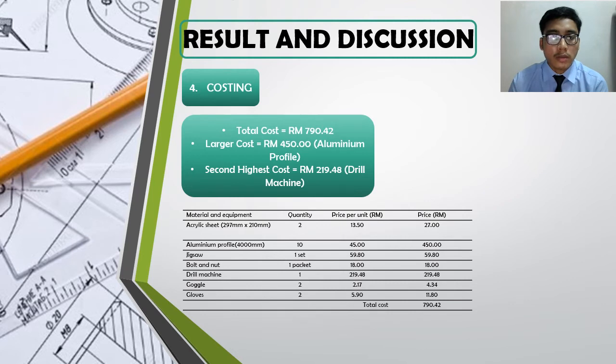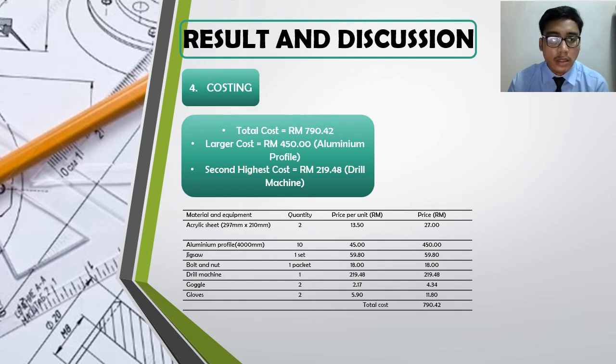Next, we go to the costing, which is another result that will be overviewed in this result and discussion part. The estimated cost to complete the fabrication process of the quality inspection line is shown in the table below. The price includes all the costs of the materials and equipment used.